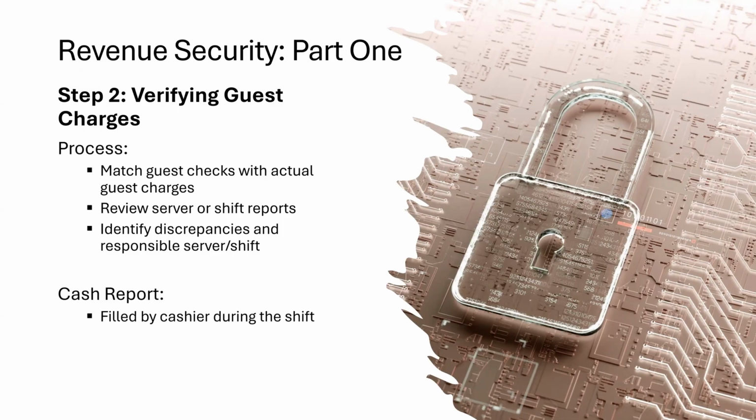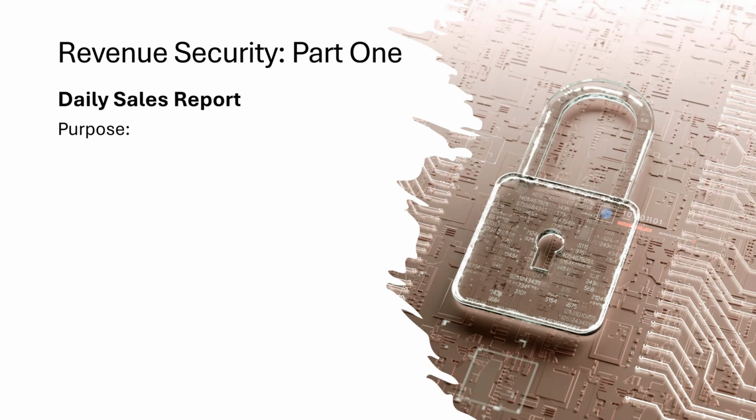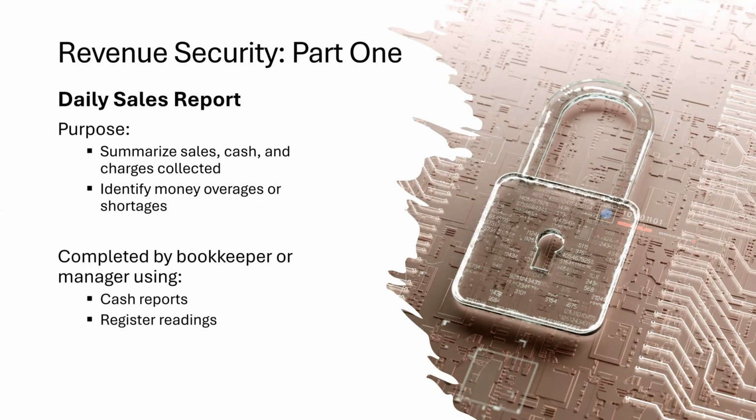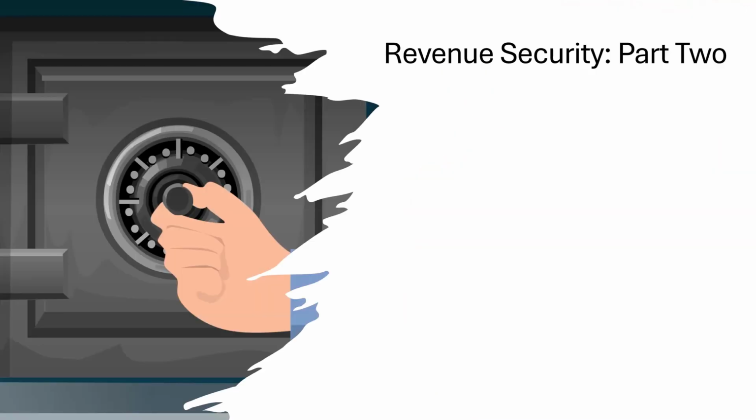And then the cash report filled out by the cashier during the shift summarizes all the money, the checks, and all the charge slips that are collected. Your daily sales report really summarizes the sales, cash, and charges collected. So it's easy to follow the paper trail here and identify any overages or shortages. And then certainly we want to make sure that we're accurate on all this because the bookkeeper or the manager uses cash reports, register readings, and those types of things.